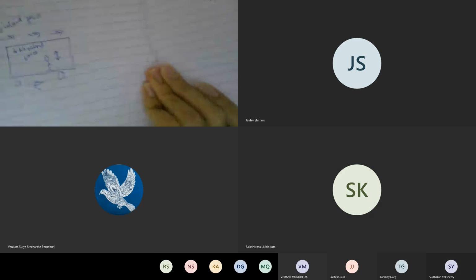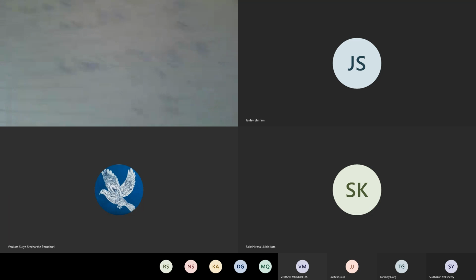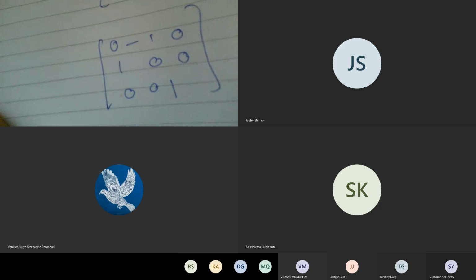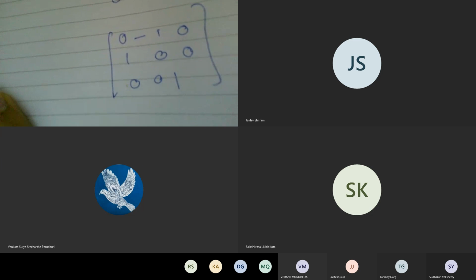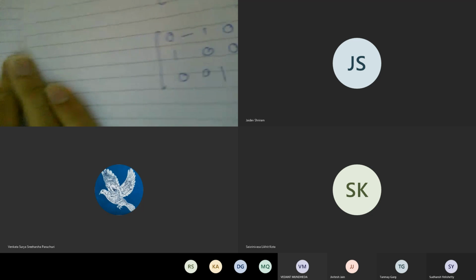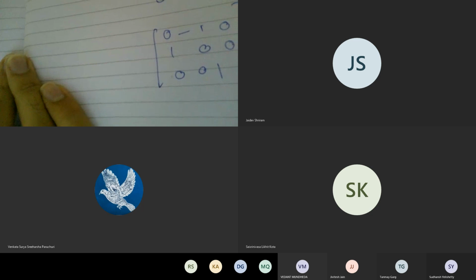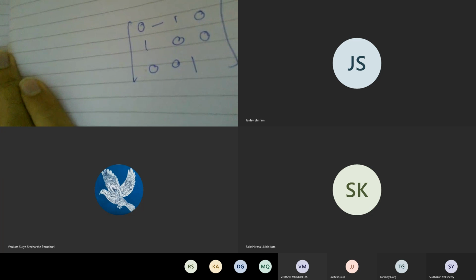The matrix should be something like this. I think it's inverted. If you multiply this matrix with your point, you're going to get 0, 1, 0. So if I multiply this by 1, 0, 0, I'll get 0, 1, 0.